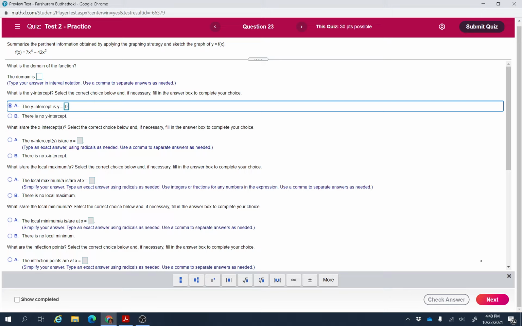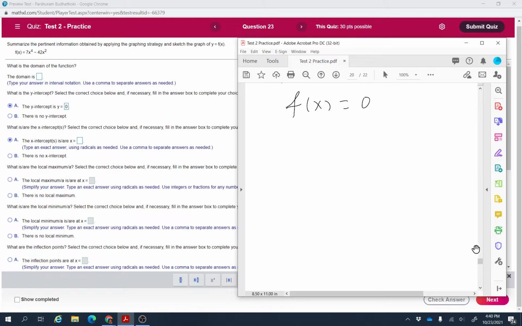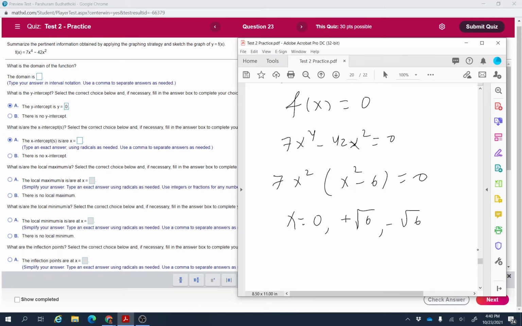And then for the x-intercept, solve 7x to the power 4 minus 42x squared equals 0. I can factor out 7 times x squared, which gives me x squared minus 6 equals 0. Then x equals 0, or x equals positive square root of 6, or negative square root of 6. So these are the three x-intercepts.